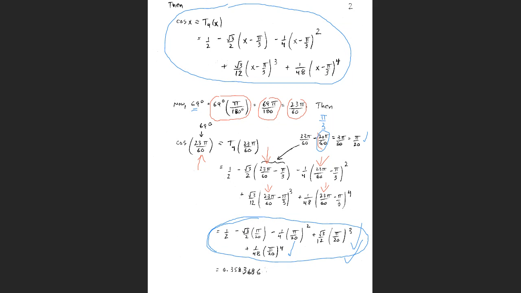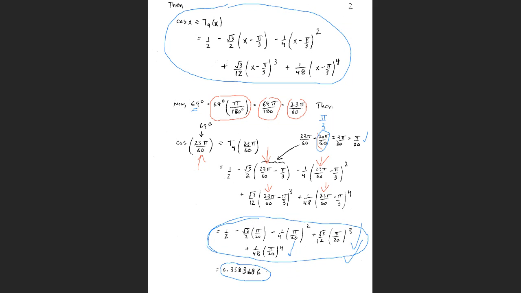How's everybody else? Are we good? Marcus is good. Give me a thumbs up when you're ready. So apparently we should be getting an answer of 0.3583686. Okay, well, let's check it out in Desmos then.